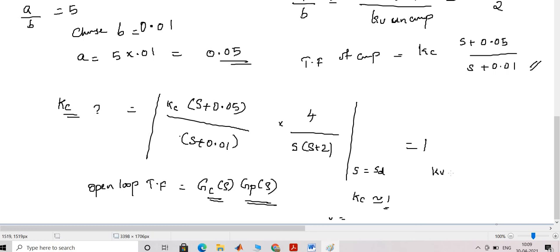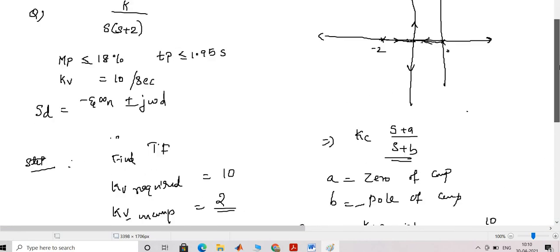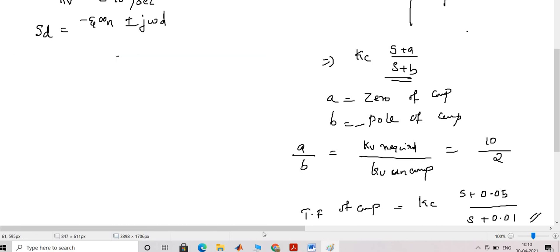Now we have to check the value of Kv of compensated system. How can we check it?